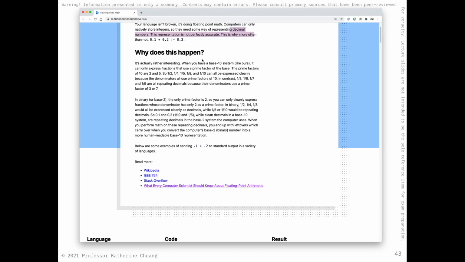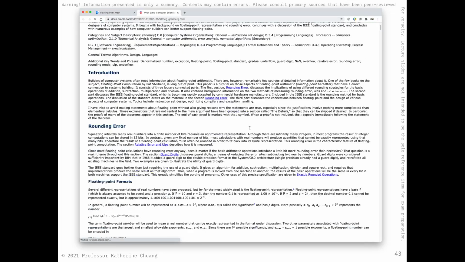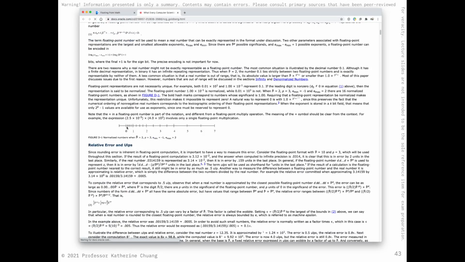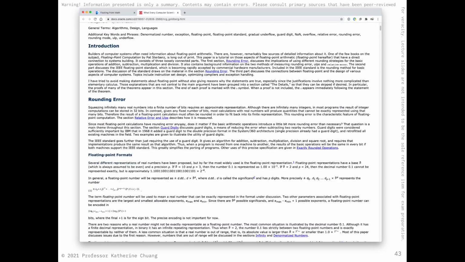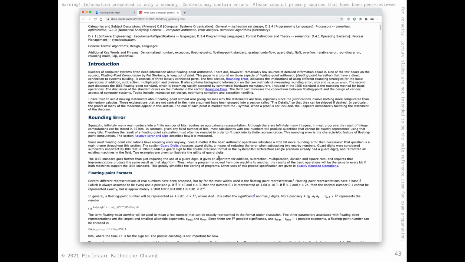If you have a base 10 system, like we do in the real world, the memory is going to be base 2, and so it just doesn't align very well. I think this link has a nice figure that explains. Yes, so we don't have a nicely spaced out conversion from base 10 to base 2. So there are rounding errors that happen.